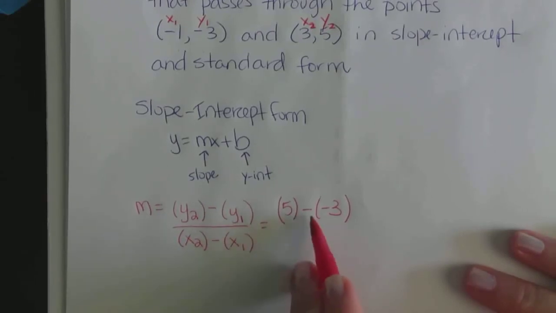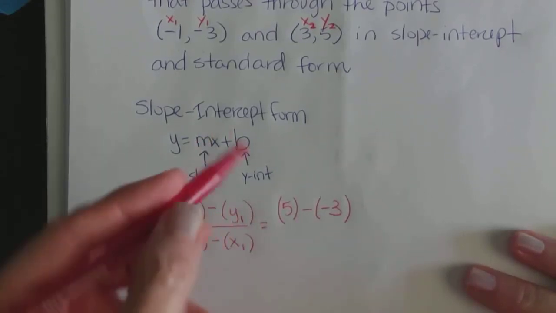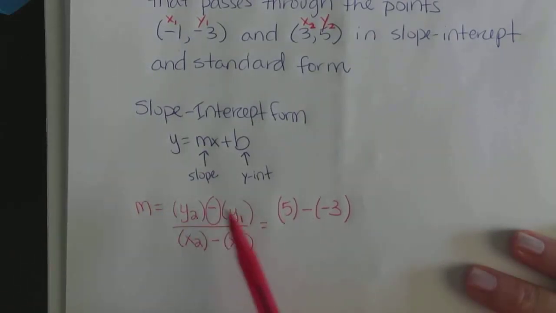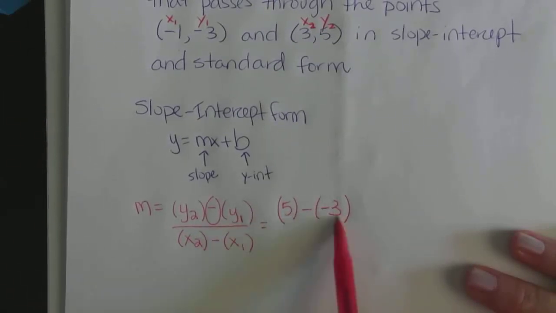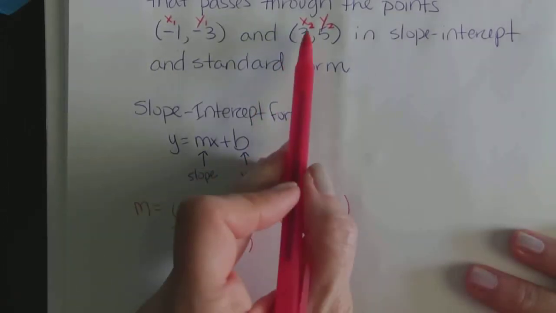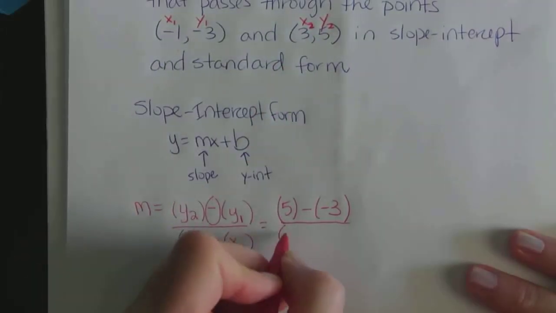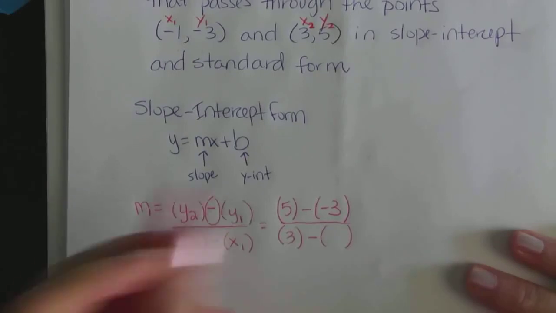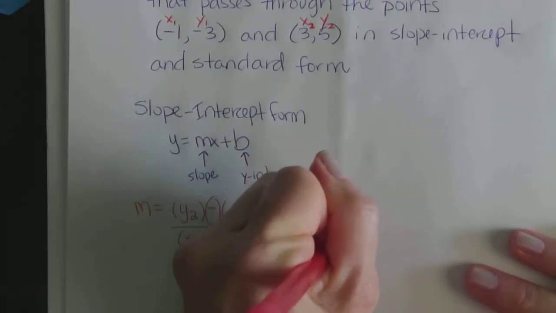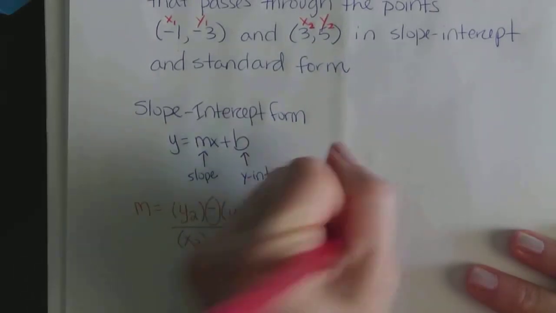The reason I like these parentheses is really because of these double negatives. Minus is embedded within the formula, and then beyond that, sometimes the y sub 1 is also a negative, creating that double negative, and that can sometimes get lost if you don't keep things separated. And then this is all over your x sub 2, which is right here, 3, minus your x sub 1, here's another negative, -1.